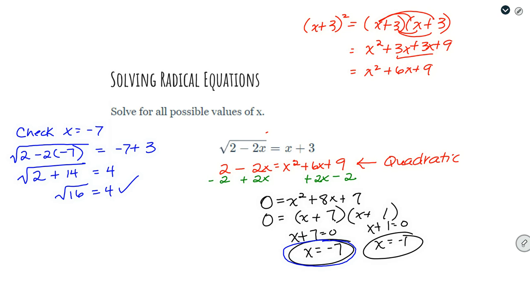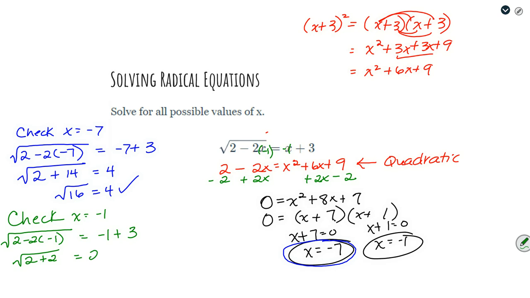Okay, now we'll check x equals -1, which means I'll put a -1 here and a -1 there. So the square root of 2 minus 2 times -1, is that the same as -1 plus 3? So that would be the square root of 2 plus 2.